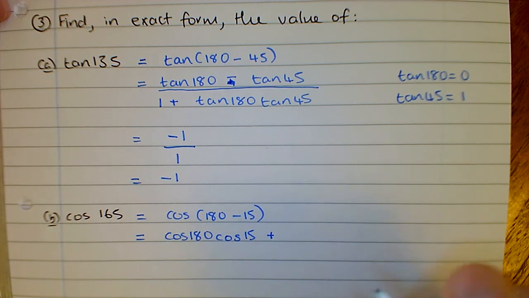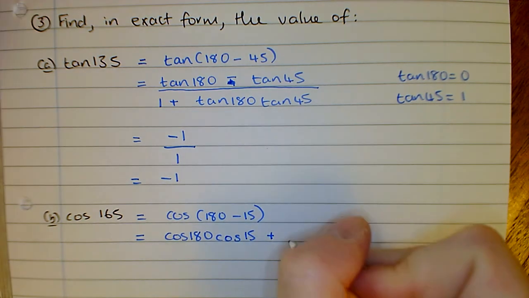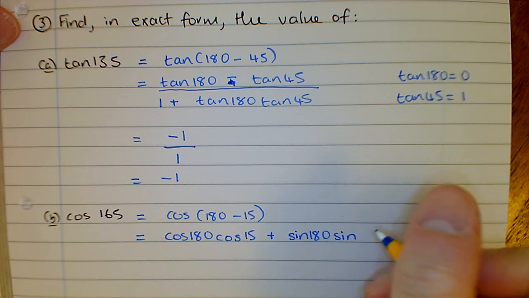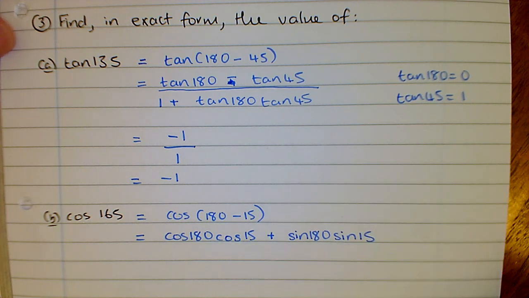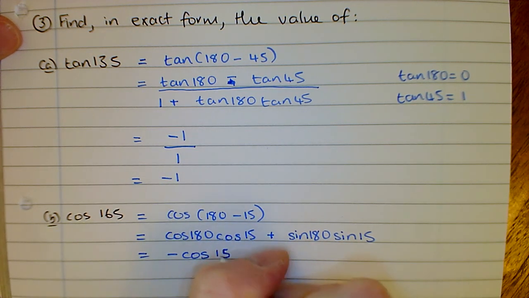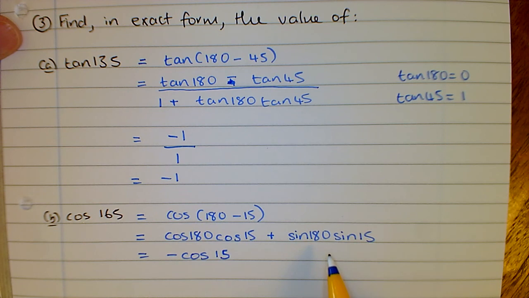Remember, when there's a minus here with cos, it's a plus when you expand it out. And that's sine 180 sine 15. So the cos of 180 is minus 1, so that becomes minus the cos of 15. And the sine of 180 is 0, so that disappears.